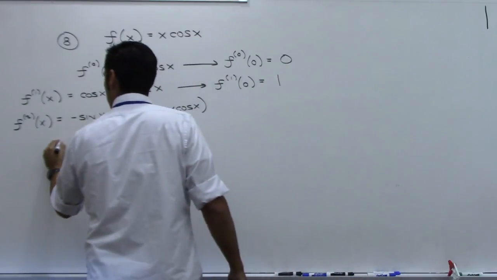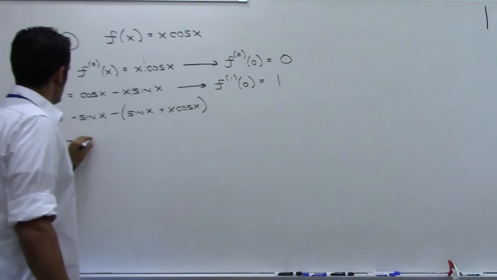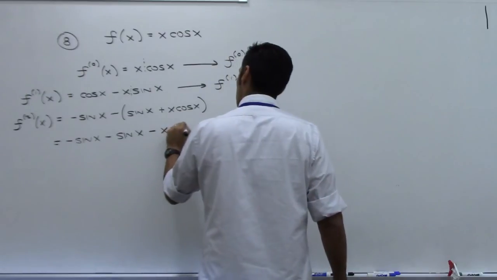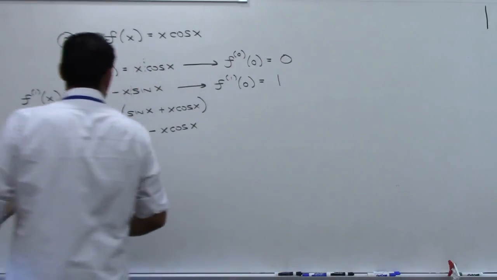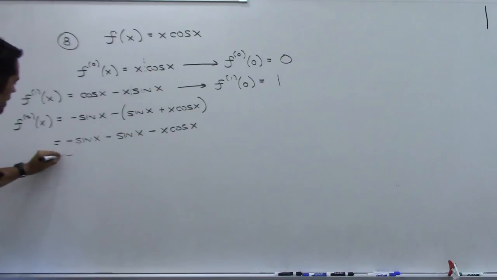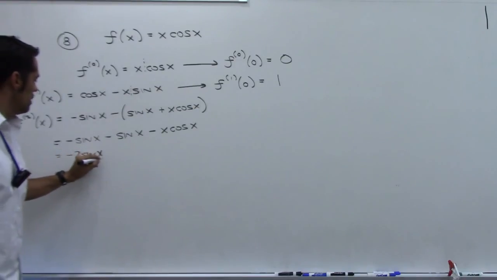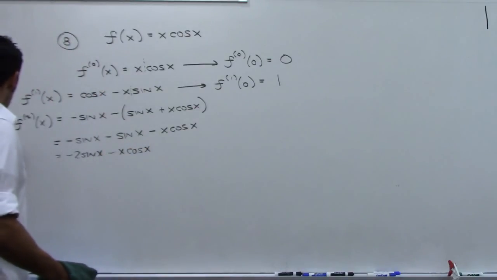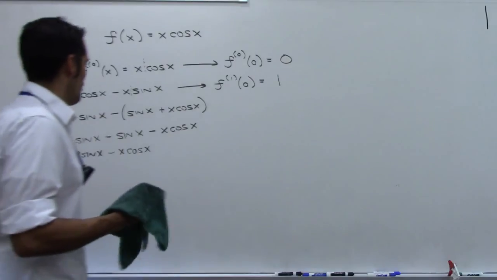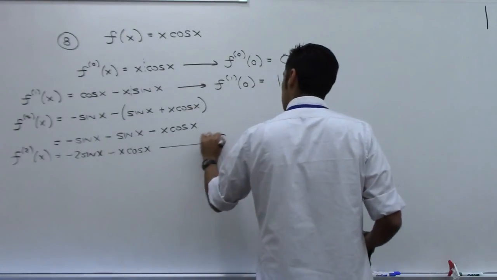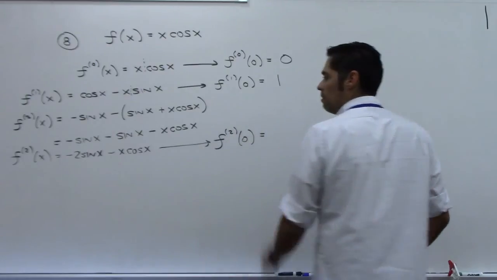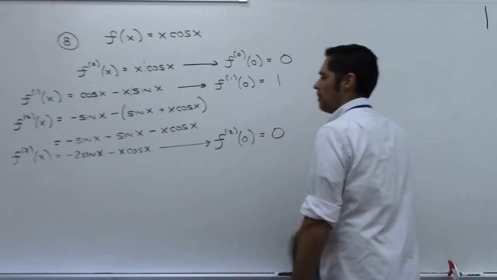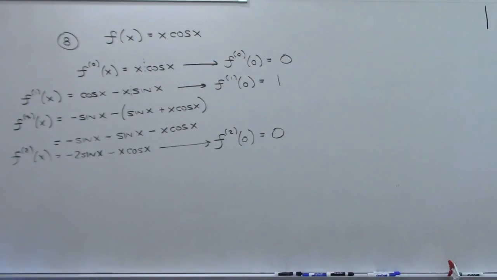And cleaning this up, I get negative sine x minus sine x again, minus x cosine x, which is going to turn into negative 2 sine x minus x cosine x. That's the second derivative. And now if I plug 0 into the second derivative, this is 0, and that's 0. So I get 0. Great. Yeah, that's the second derivative.